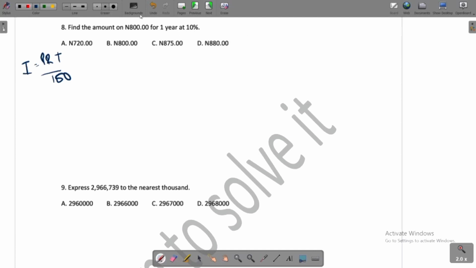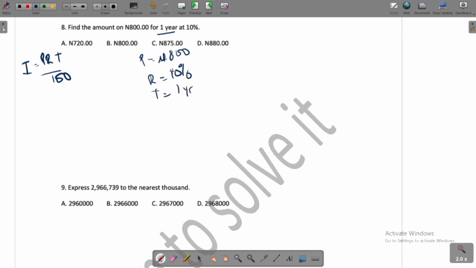So in this case, the principal P here is 800, and the rate is the percentage at which the thing is moving. Here you have 10%. Whenever I say the percent rate, 3%, 4%, take it as the rate, and the time duration is obvious here: we have 1 year as the duration.